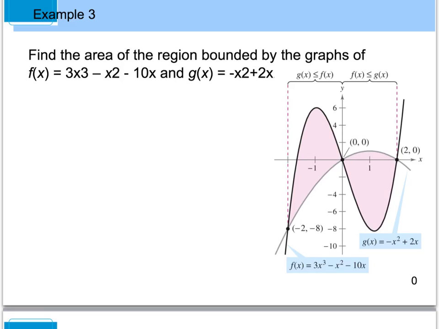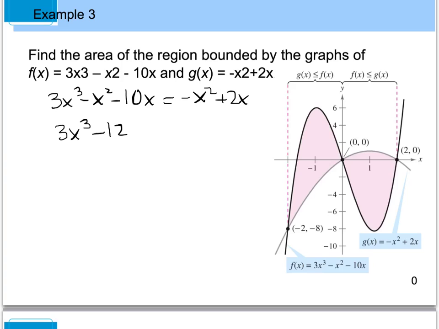So I'm going to start out by finding those points of intersection. To do that, I'm just going to take my two functions and set them equal to one another. So I have 3x cubed minus x squared minus 10x equals negative x squared plus 2x. When I move my 2x over and my x squared over, I end up with 3x cubed minus 12x equals 0.